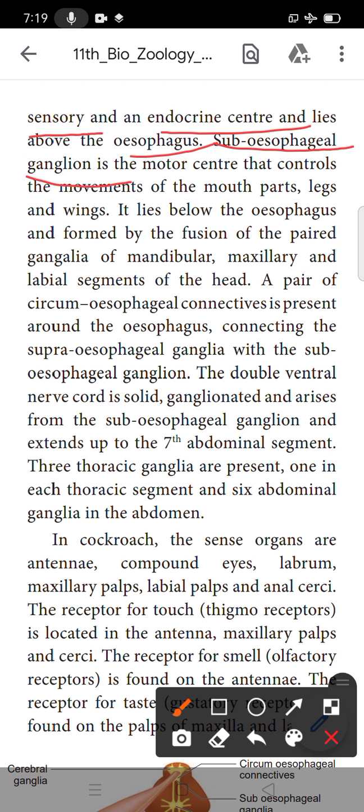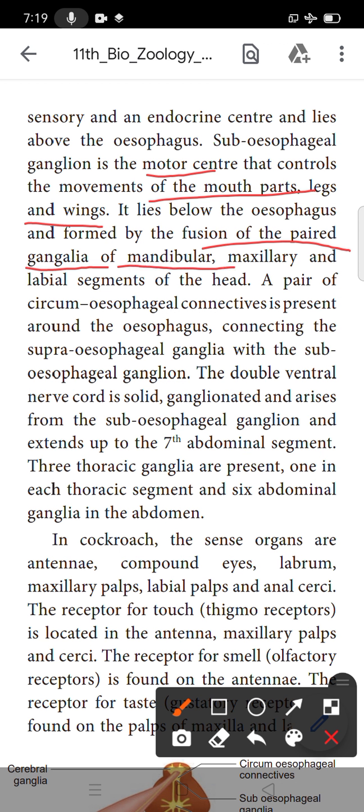The subesophageal ganglion is the motor center and controls the movement of the mouth parts. How does it control? The movement of the mouth parts, legs and wings. It lies below the esophagus and is formed by the fusion of the paired ganglia of the mandibular, maxillary and labial segments of the head.